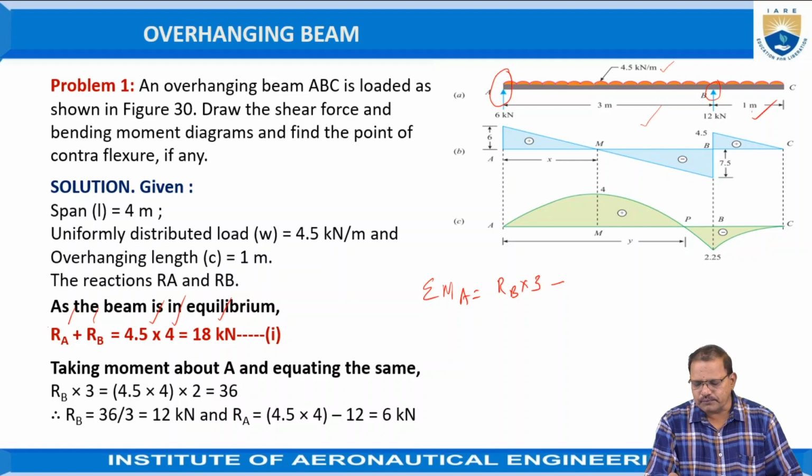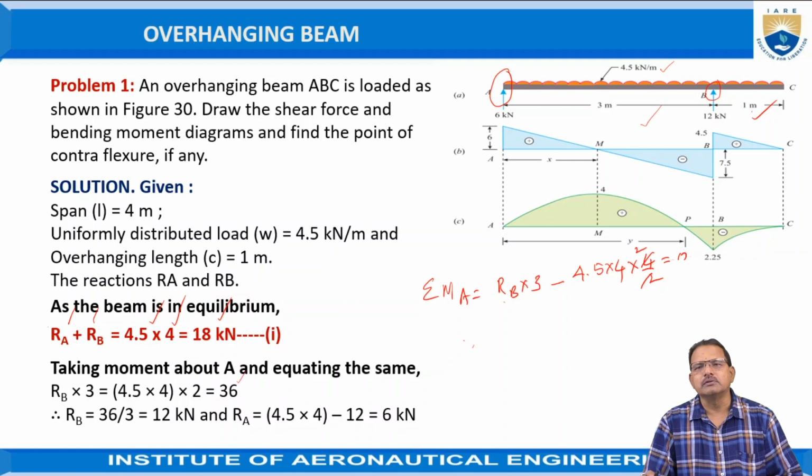So the total load is equal to 4.5 into 4, but this entire force acts at the center of gravity, in other words, at the middle. That is nothing but 4/2. This should be equal to 0. From this relationship we get RB into 3 equal to 4.5 into 4 into 2, which is equal to 36.